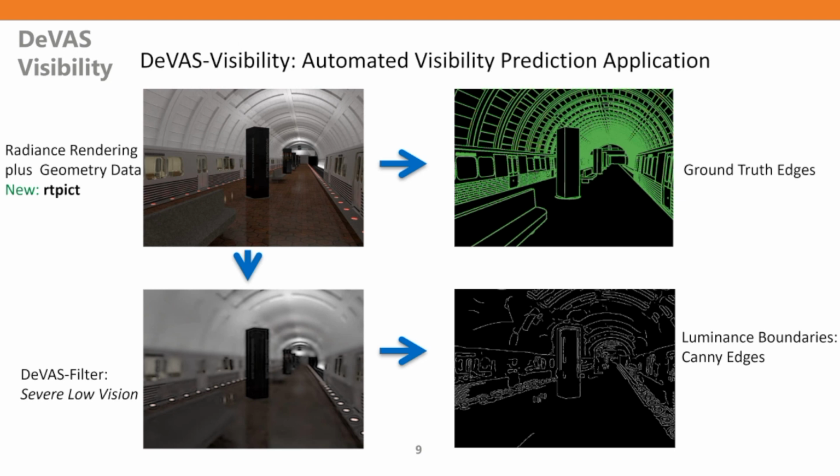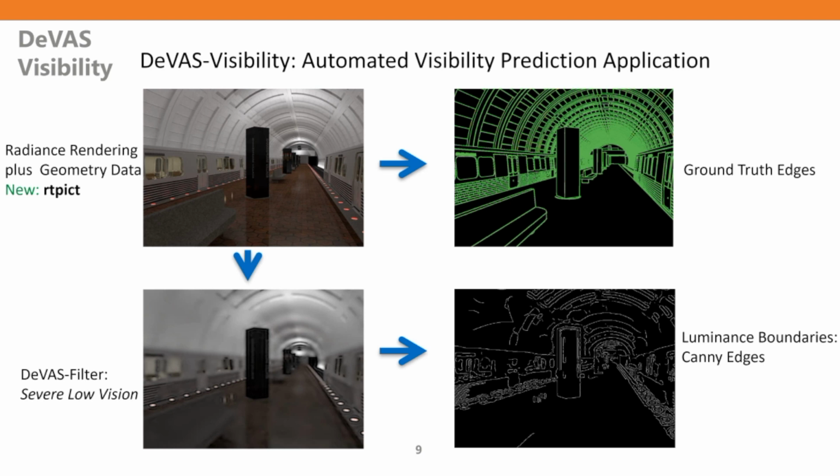So how does the visibility prediction tool work? We start, in this case, with a radiance rendering, right? It's a photometrically accurate rendering of a scene. And from this, we do two things. Number one, we data mine back to the source geometry and find out what are the ground truth edges within the scene. What are the potential hazards? Secondly, we take the same image and we use our filter to blur that image to a particular acuity.